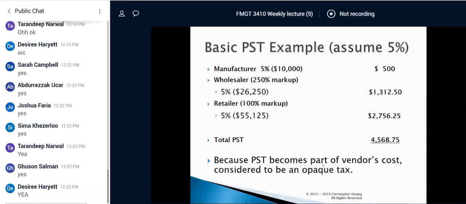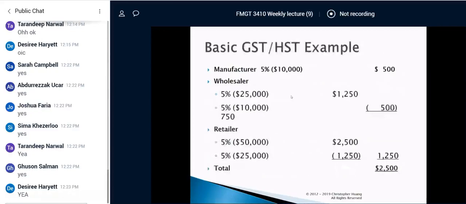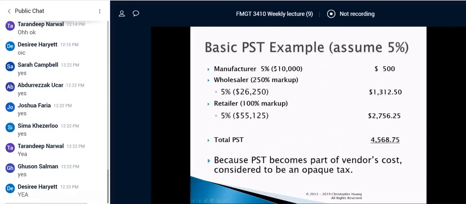So now let's say he wants to earn a 250% markup. He's going to say, well, I've got to apply 250% to 10,500. That means now I'm going to charge $26,250. Again, if I go back here, if my cost for sure is $10,000, 250% markup is only 25,000. But because it is now part of the cost, 250% of 10,500 is 26,250.